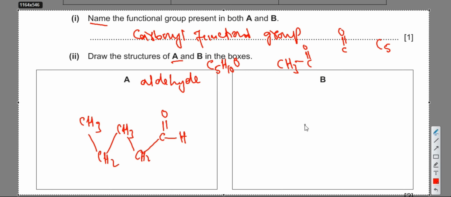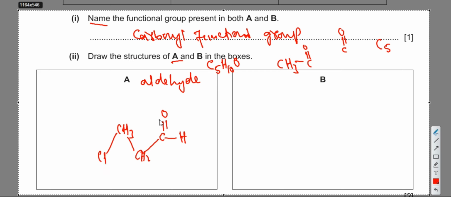Next he says structures. Usually when the examiner asks for the structures, we have to prefer the displayed formula. Try to open all these bonds. Or you can write it another way, maybe it is acceptable, but my advice is to follow the displayed formula.